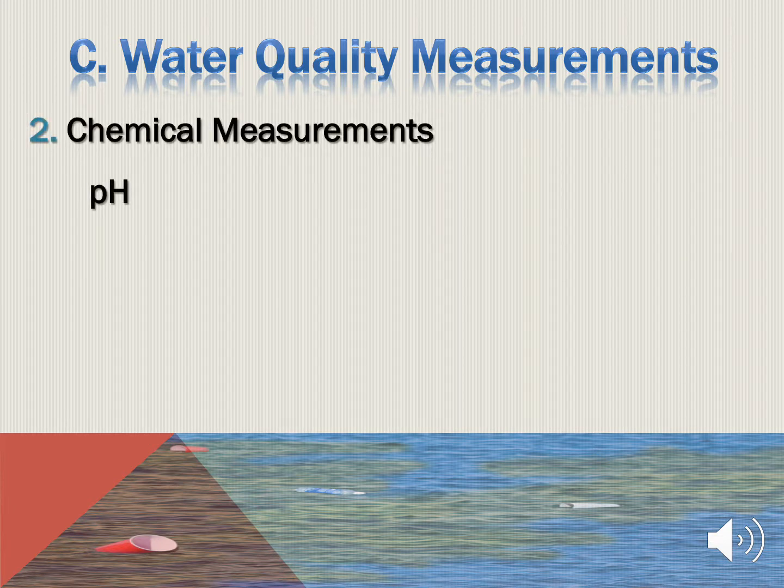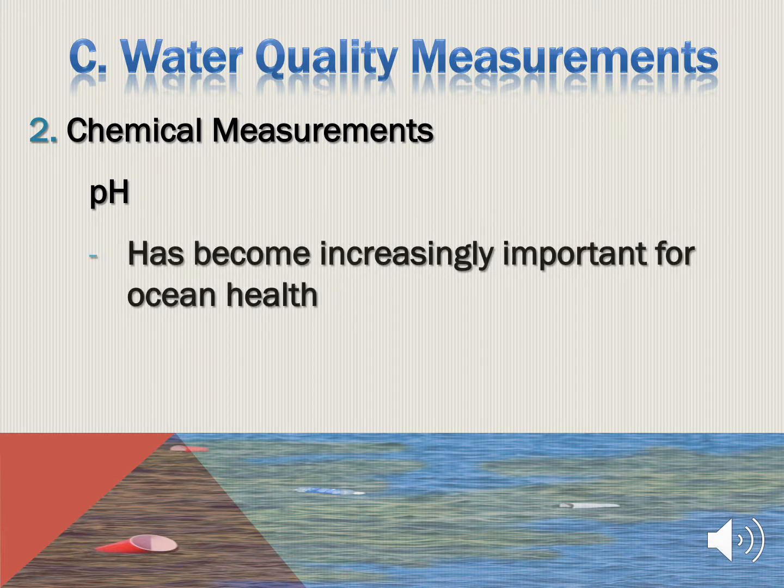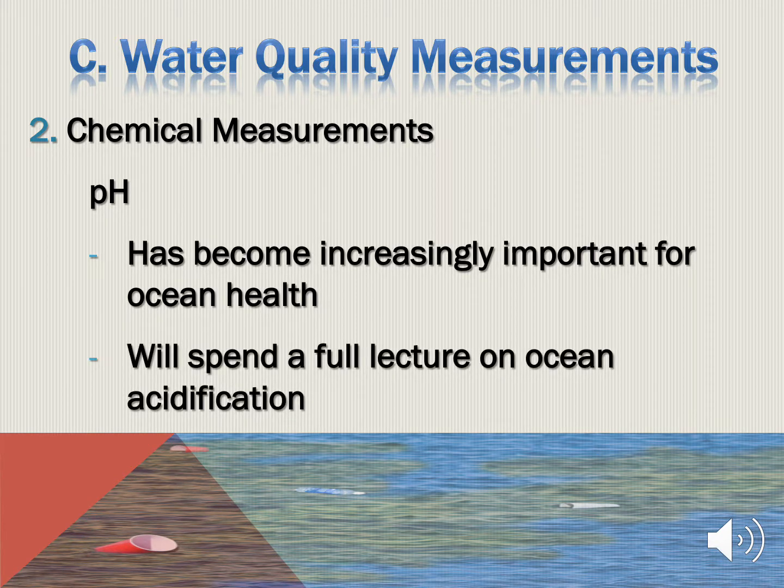We have found that in the last few years, pH has become increasingly important for monitoring and measuring the health of our oceans. And we'll talk about ocean acidification. We'll spend a full lecture on that because it's an emerging issue across the world right now.